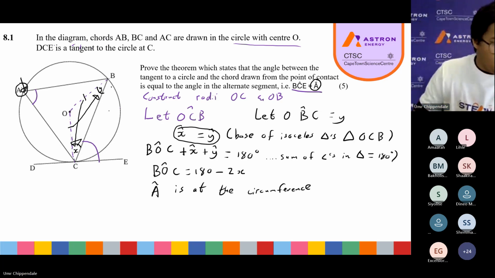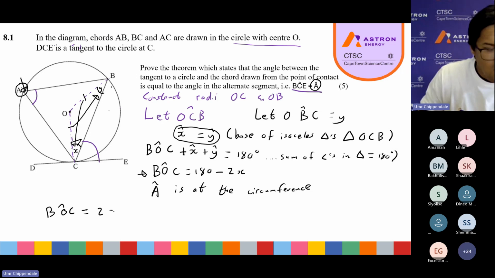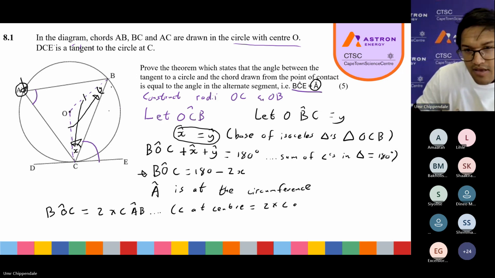Now, if we say we have our BOC, which is this over here, that is 2 times the angle at the circumference. And that is one of the rules that you have learned. That rule is basically angle at center is equal to 2 times the angle at circumference.